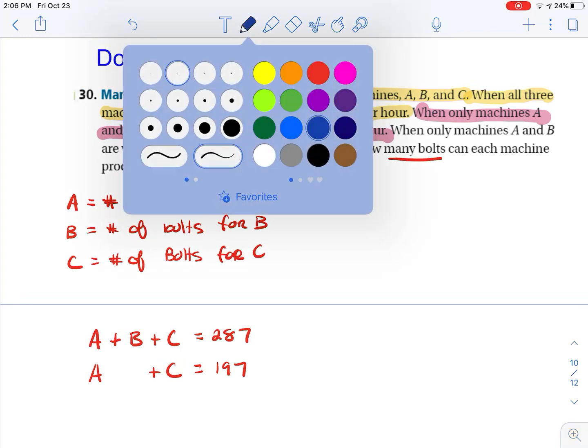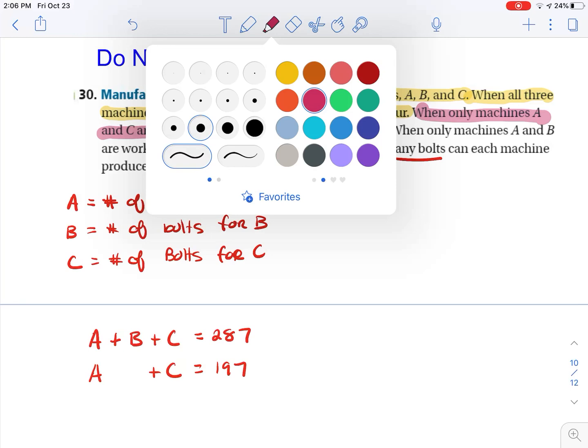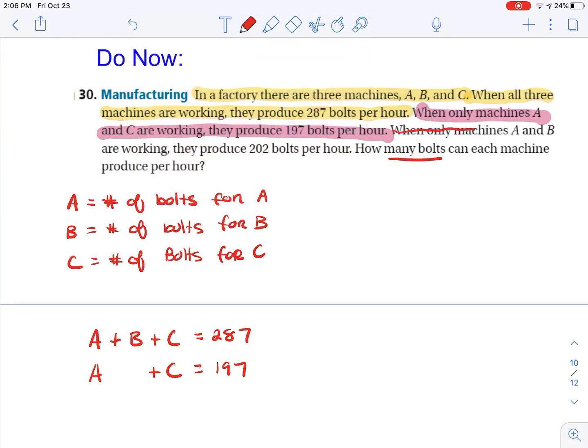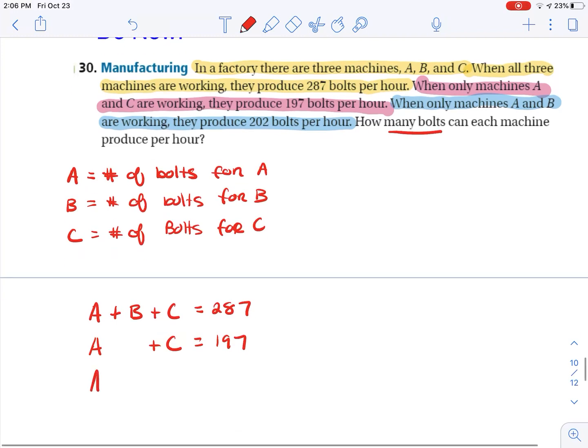Sentence 3 says, when only machines A and B are working, they produce 202 bolts per hour. So if it's only A and B, right, I'm only adding those 2, and they are equal to 202.